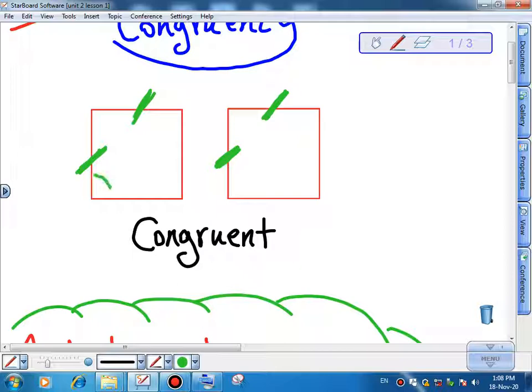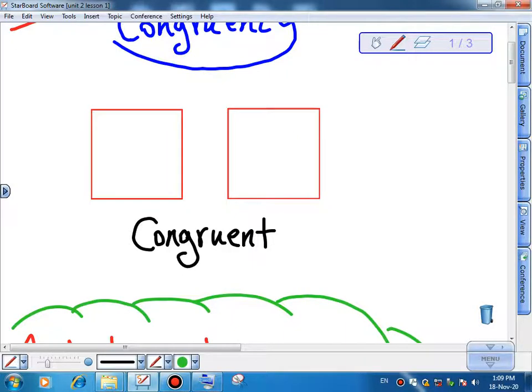If I take this angle, the corresponding angle in the other square will be this. This is the meaning of corresponding side, corresponding angle, and corresponding vertex. This vertex, the corresponding vertex in the other square will be this vertex.